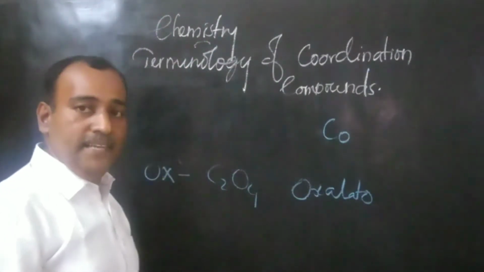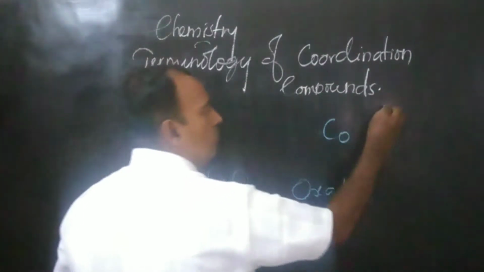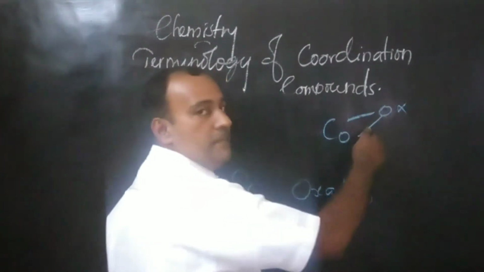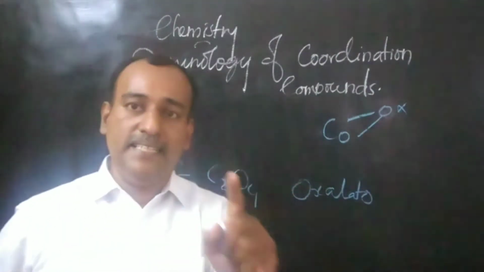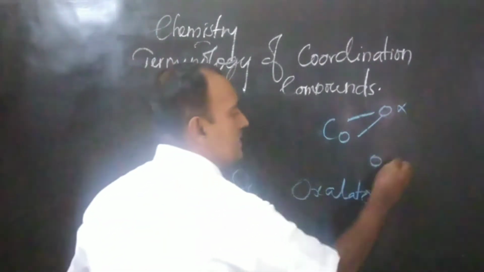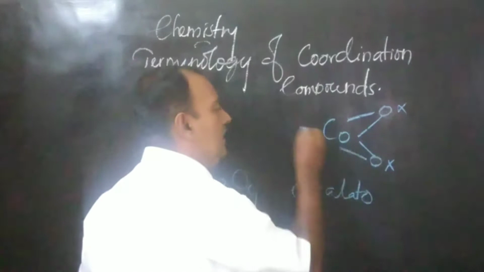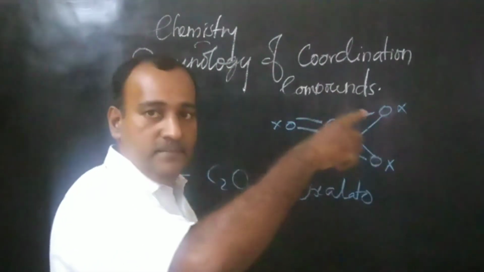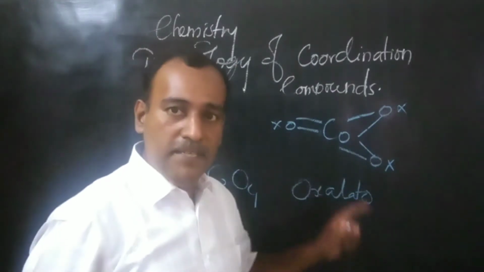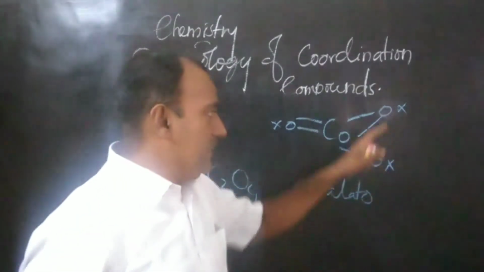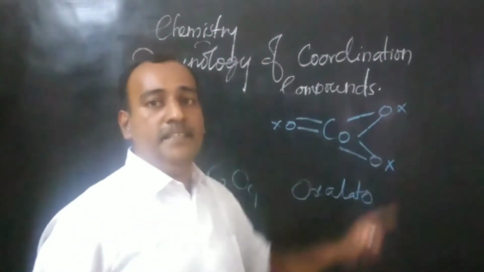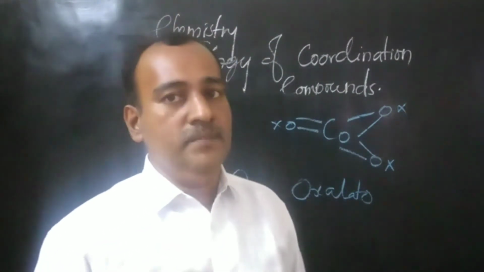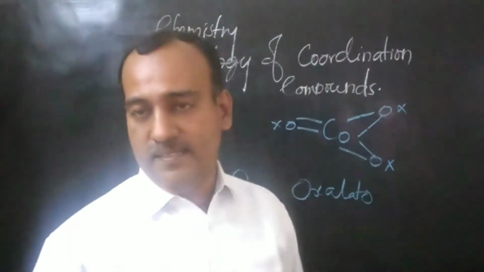How many oxalate ligands are present? 3. One ox is here, and it forms 2 chemical bonds. Why? Because it is a didentate ligand. Another ox is present, it forms 2 bonds. Another ox is present, it forms 2 bonds. Totally 6 chemical bonds are formed between the central metal atom and ligand. Therefore, the coordination number is equal to 6.